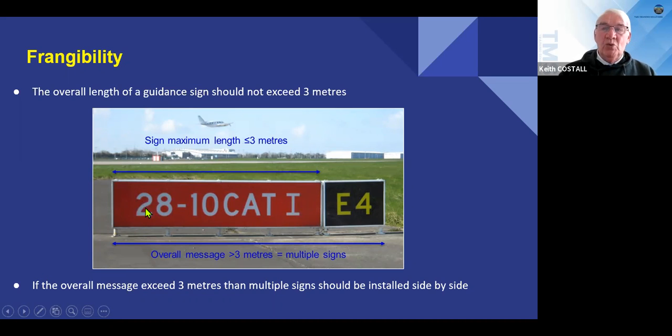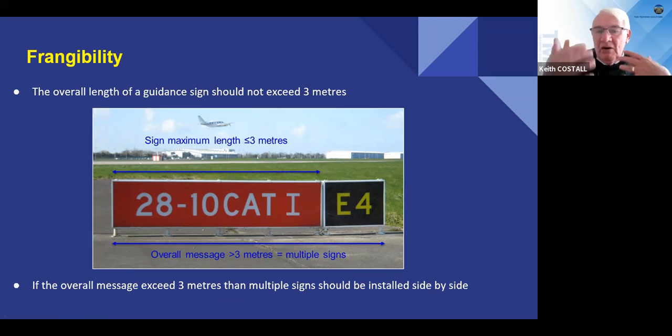And therefore, if you want to put a lot of information, there's no way that you could bolt a lot of little guidance signs together to give that information, because the letter number spacing would be wrong.